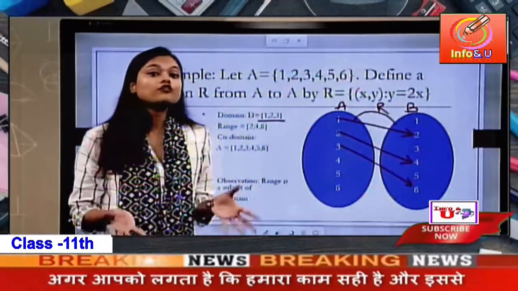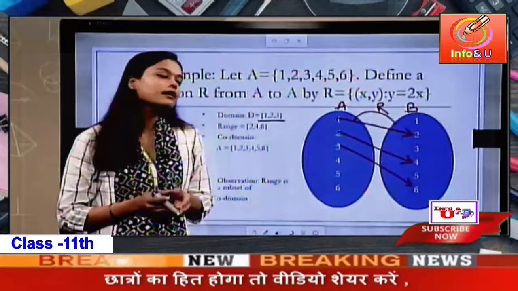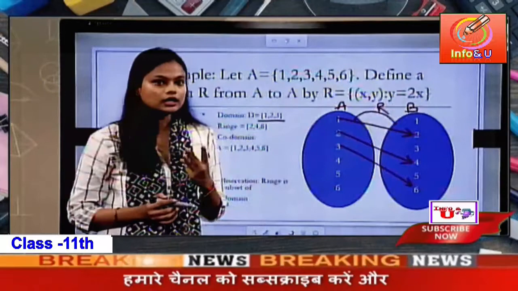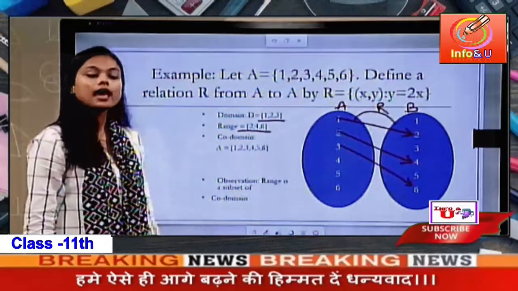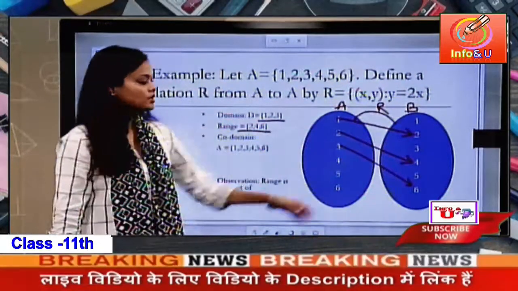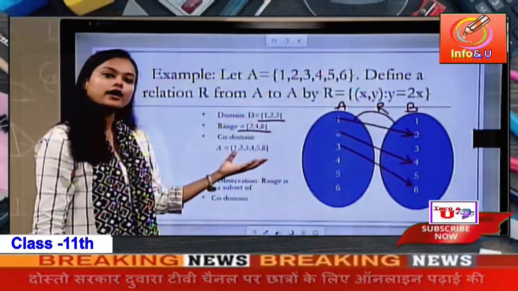Range, the set of all images. Again, how many images are there? 2, 4 and 6. So range will be 2, 4, 6. And codomain is the full set B, which is 1, 2, 3, 4, 5 and 6.